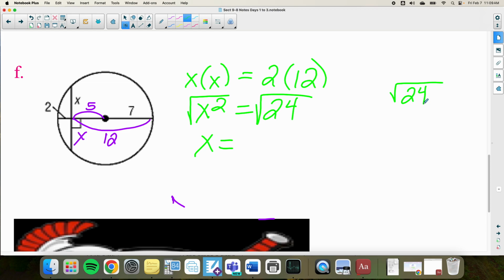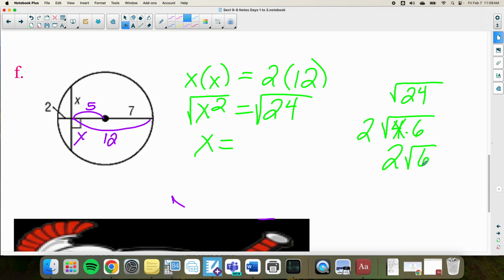Is there a perfect square that goes into 24? 4 does, okay? 4 times 6, okay? When you have a perfect square under there, you can cross that out and bring the square root of it outside. And the square root of 4 is 2. So the square root of 24 is 2 root 6.